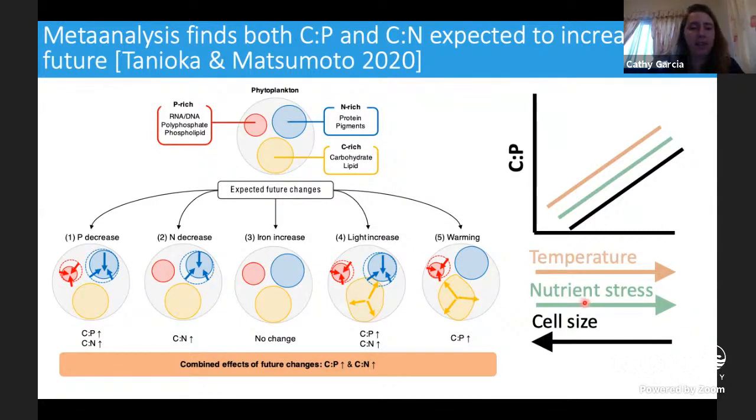And they looked at these different environmental drivers: nutrient concentrations, increases in light, and increases in warming. And what you can see is the combined effect of all these future changes, again, are predicted increases in the C to P and C to N ratio. So it begs the question, how do these effects interact and how do we tease them apart to see what the dominant drivers are?